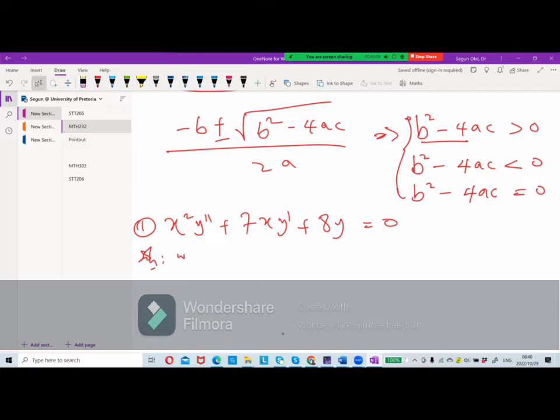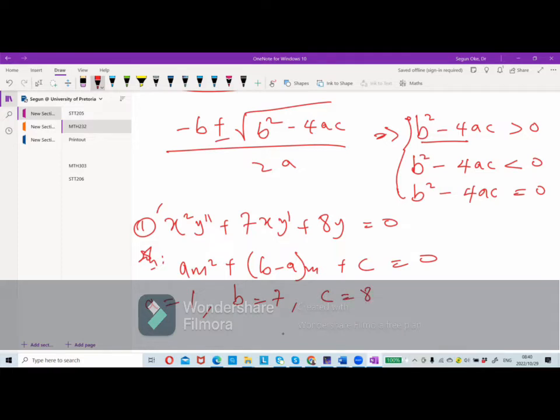Remember this formula. We will continue to use this formula throughout. So what is A? Who can tell us A? From here, 1. Thank you. What is B? 7. And C? 8.